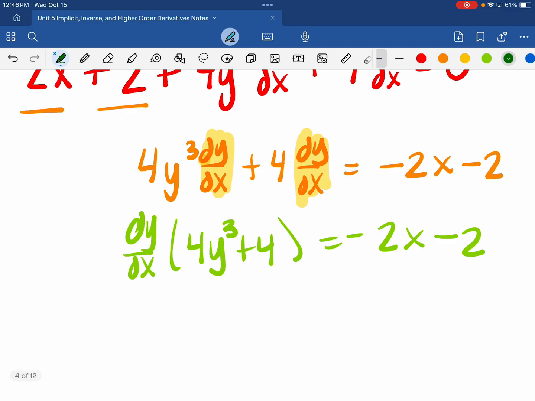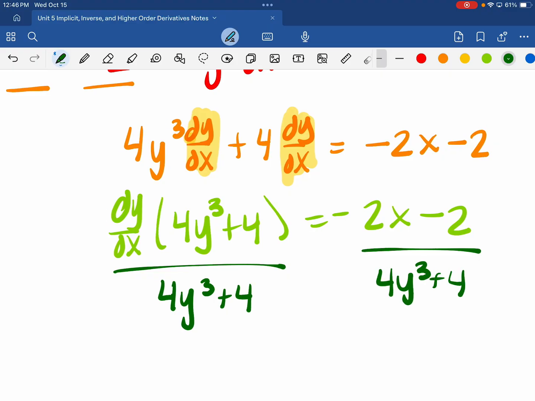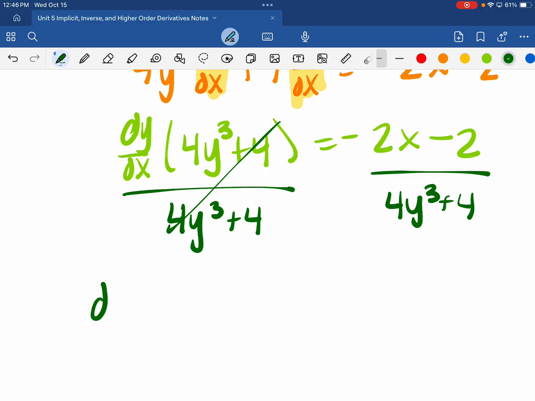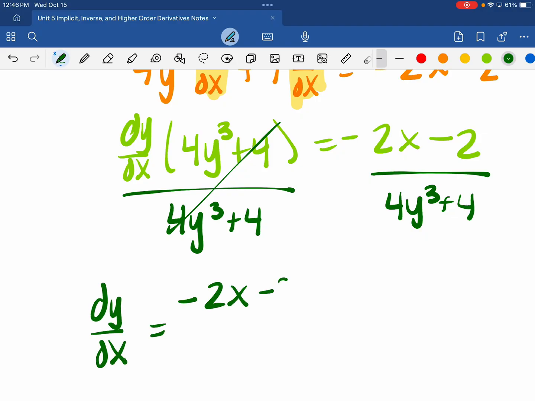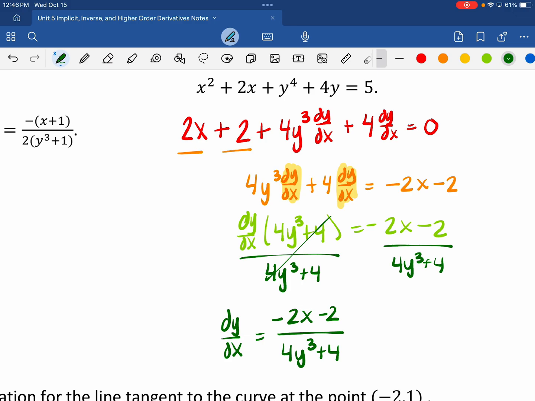All right, what would I do next? You would divide by that. All right, so I get dy/dx equals negative 2x minus 2 over 4y cubed plus 4. So when I look back at my problem, is that what it wants me to match it to? No, but does it simplify to that? Yes.